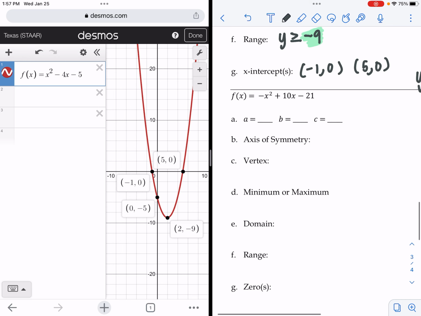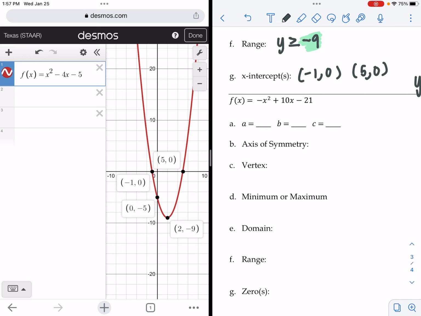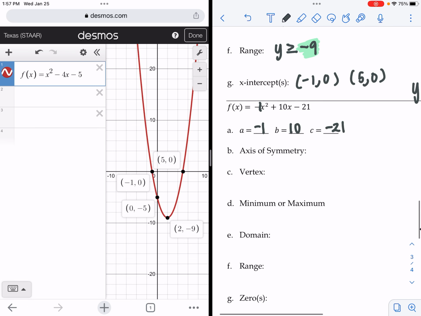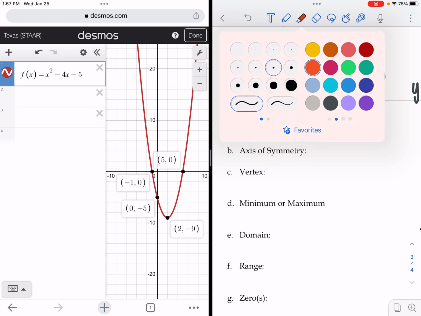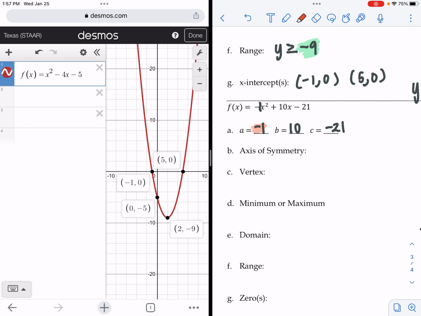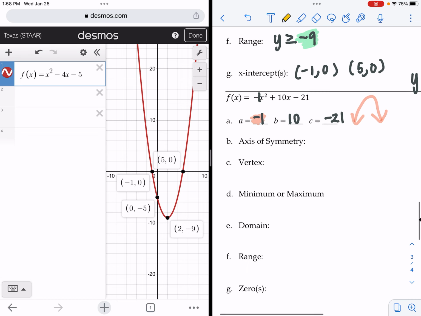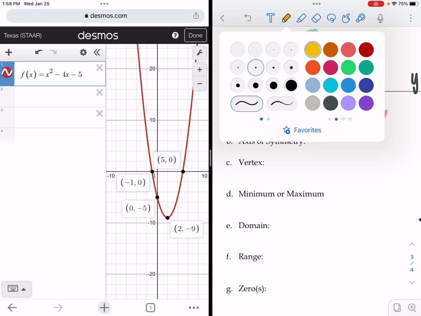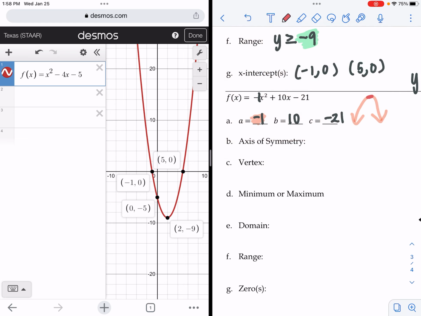Okay. For the second example, A is -1, B is 10, C is -21. And so because the A value is negative, I already know I'm dealing with a sad parabola. And so I can come down and determine right off the bat that I'm going to have a maximum.